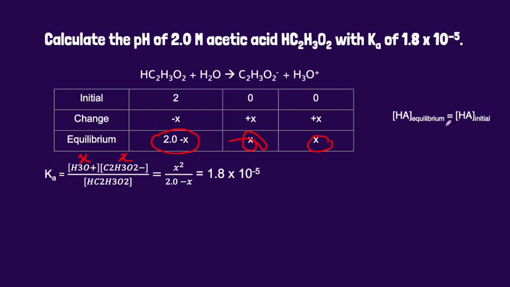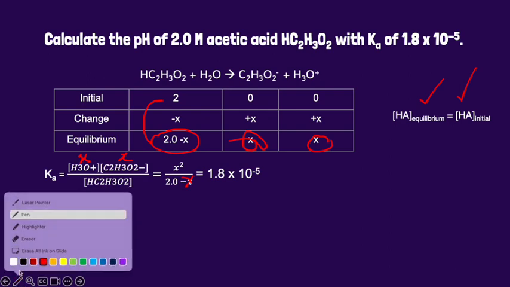Again, I will use my assumption over here, and I would just not consider this at all because I know that my final concentration is the same as my initial concentration. If you want to go with the quadratic equation, please go ahead with it. It doesn't matter.